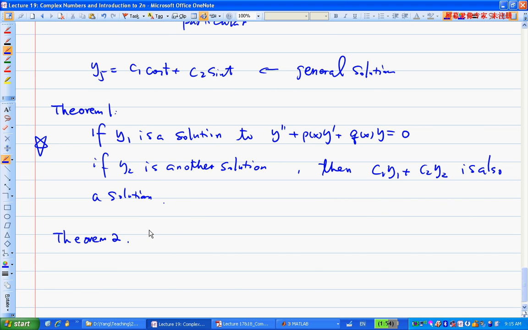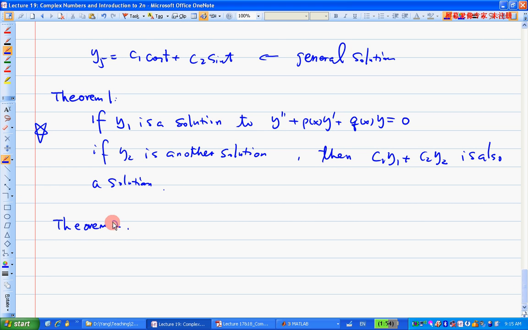Let me just write it down here, and then we can talk about theorem number 2 in the next lecture. It has nothing to do with this second-order differential equation anymore. It's purely a mathematical concept.